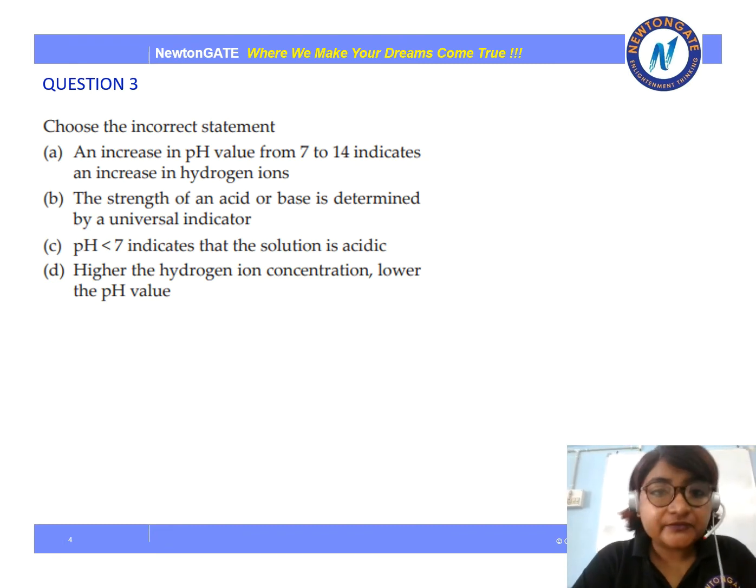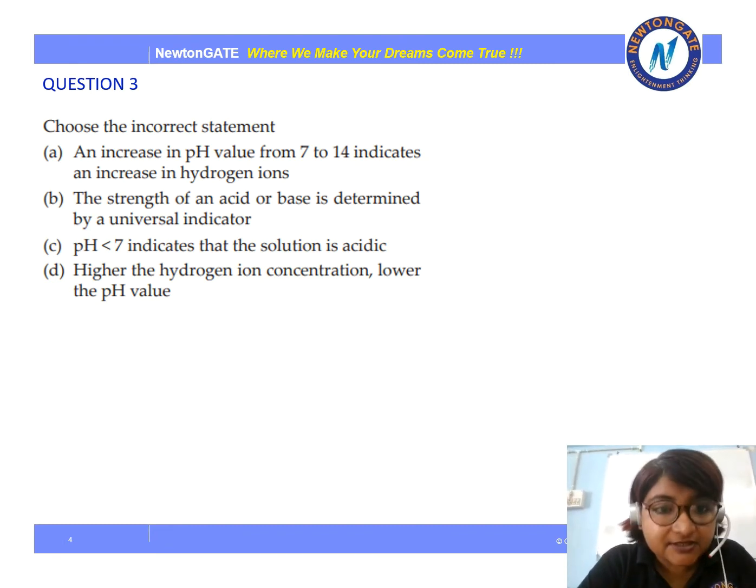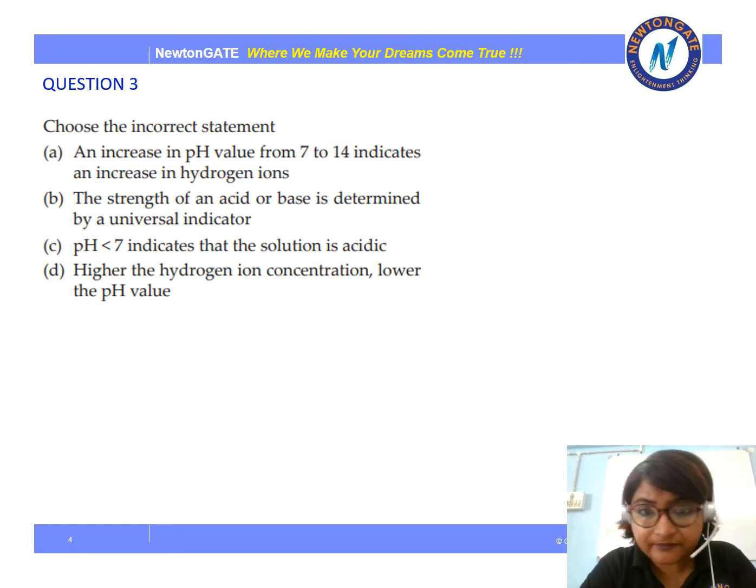Question number 3. Choose the incorrect statement. An increase in pH value from 7 to 14 indicates an increase in hydrogen ions. This is obviously incorrect, right? Because 7 to 14 indicates that there is a decrease in hydrogen ions. That's why they become more basic as you move from 7 to 14.